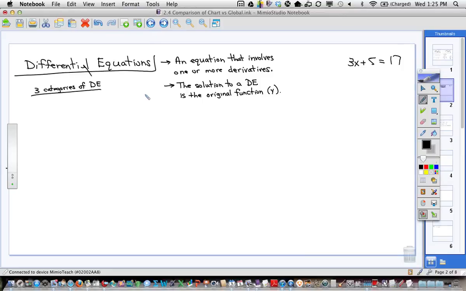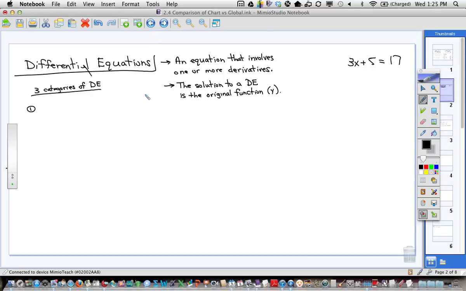Because with differential equations, we can describe many things in the physical world, which is why it's so important in engineering, because it involves the amount, the quantity, and the rate that those quantities are changing. All right, well here's the three categories.